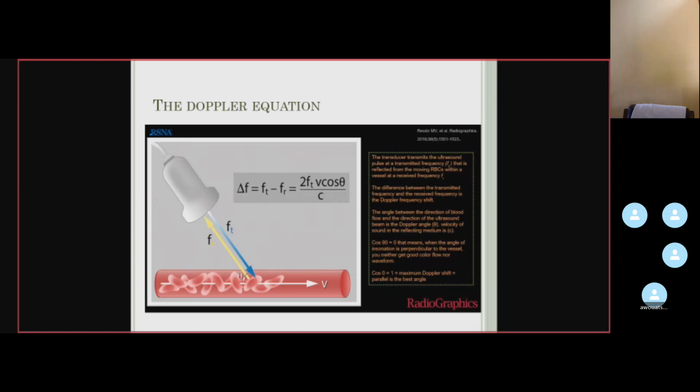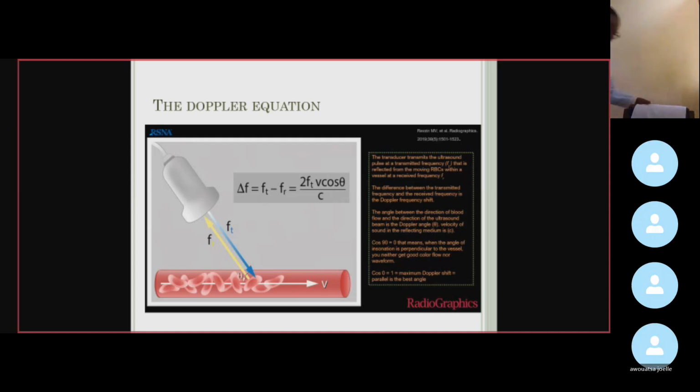So this Doppler effect is based on the Doppler equation, wherein the ultrasound will detect the Doppler frequency change and will give us the readings. This is the equation which you have to remember, wherein Ft is the frequency which is transmitted by the transducer, and Fr is the received frequency, which is subtracted from each other.